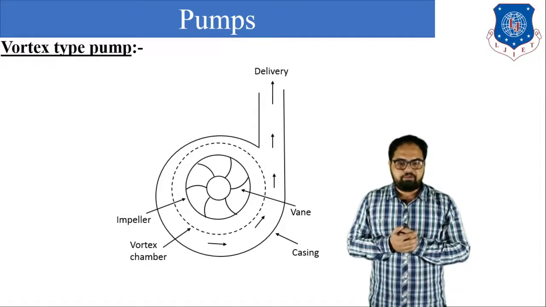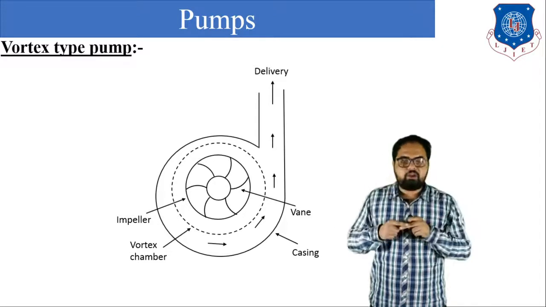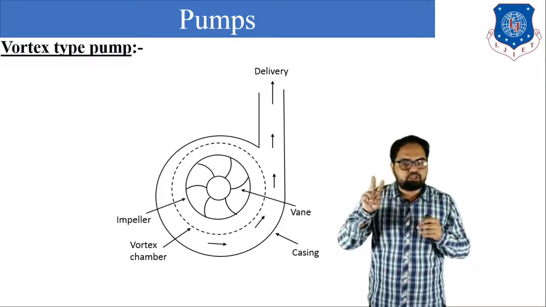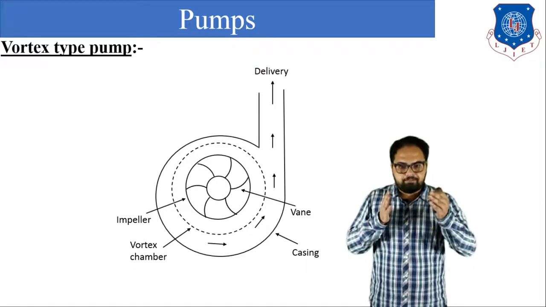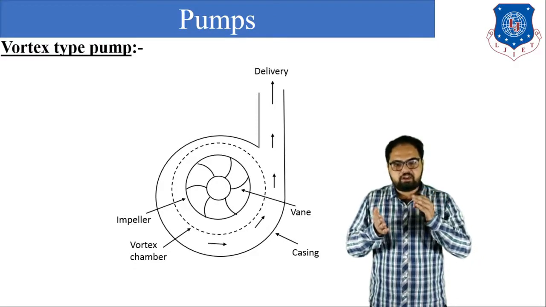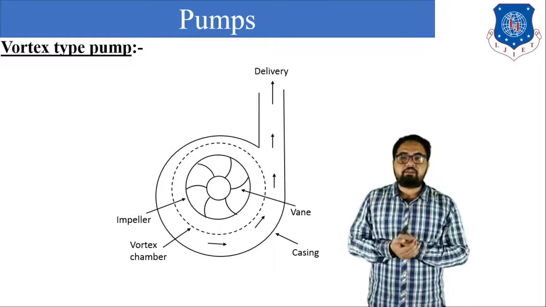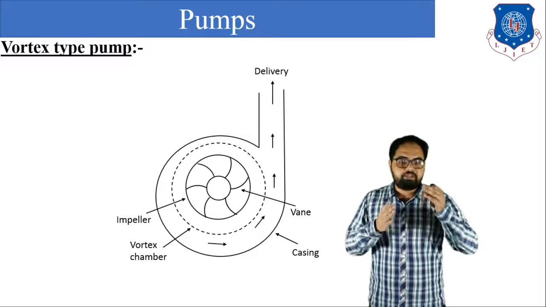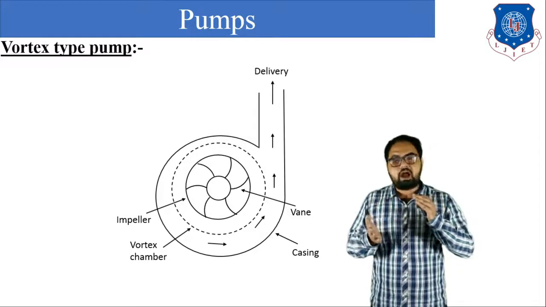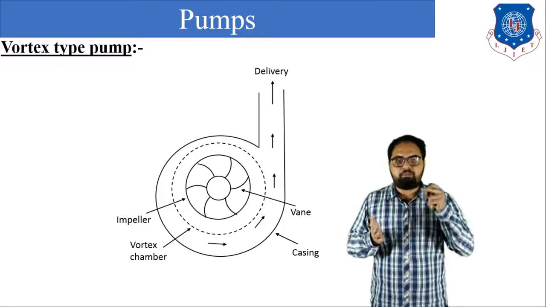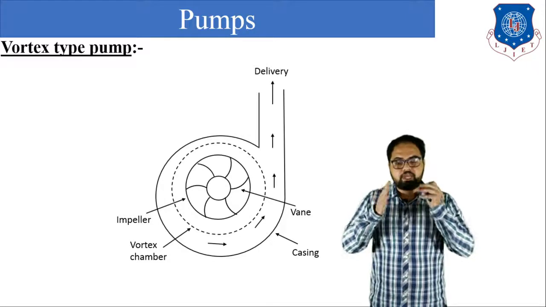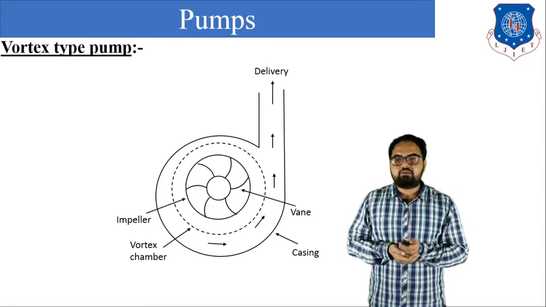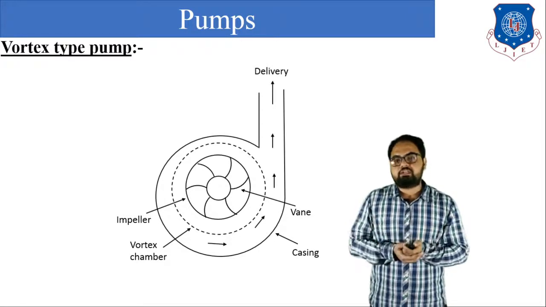With the help of that annular ring, two chambers are formed inside the pump. Between the impeller and the circular ring, the chamber formed is known as volute chamber, and between the circular ring and the outer casing, the chamber formed is known as vortex chamber. With this type of arrangement, we can reduce around 99% of eddy losses.